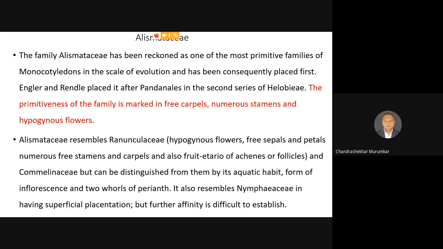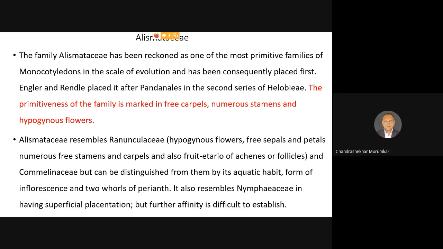So Pandanus also is a family or group which belongs to the Amentiferae, and here also Engler and Prantl and later on Rendle treated this family as one of the members of the Daphneus group, Pandanus group, and it has been placed at the beginning.